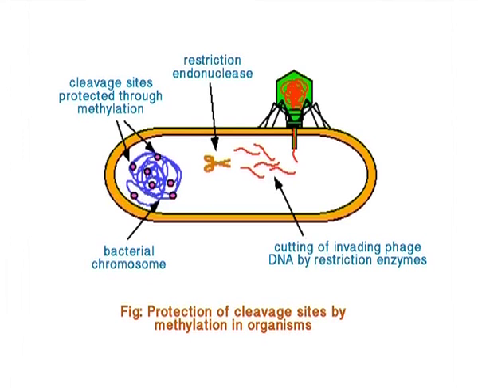The endonuclease cleavage sites are protected through methylation of one or two nucleotides in the recognition sequence. The methylation of the cleavage sites is catalyzed by a specific methylase enzyme, and the methyl groups block the binding of the restriction enzyme to the cleavage sites.